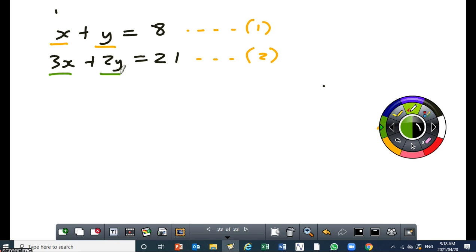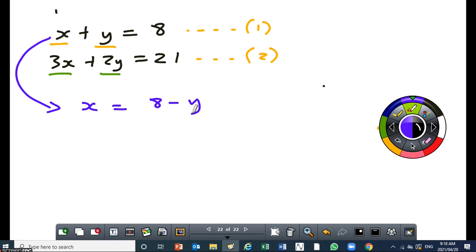So to carry on, I'm going to make x the subject in the first equation. You can also make y the subject. It is your choice. I just decided to make x the subject. If I make x the subject, it means I'm taking the y to the right hand side. So I'll end up having x equal to 8 minus y.